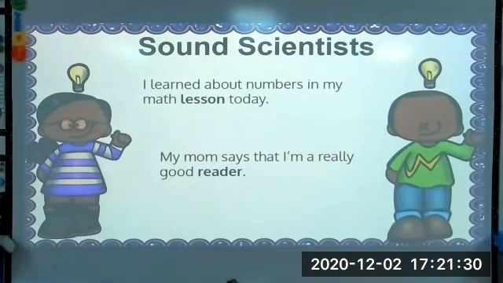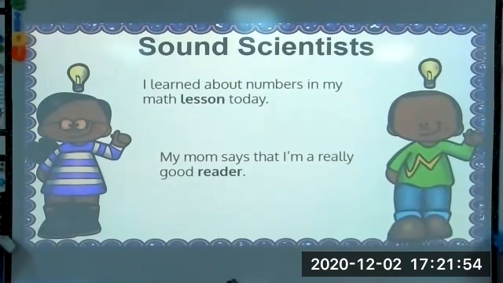How many syllables are in the word lesson? There are 2 syllables. And what are those 2 syllables? Break it apart for me. Good, we have les-son.